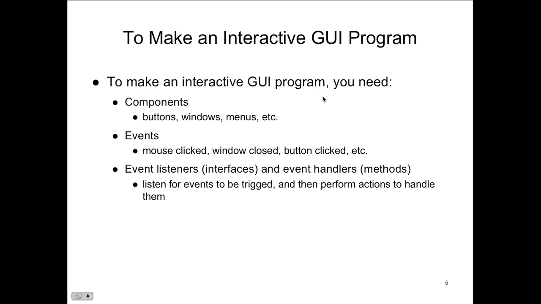To make an interactive GUI program, you're going to need components that accept input, which are going to be buttons, windows, menus, and then you have to actually add events to capture mouse clicks, windows closed, buttons clicked, and all of the other things. Classical event-driven behavior uses event listeners, which are interfaces, and event handlers, which are methods.